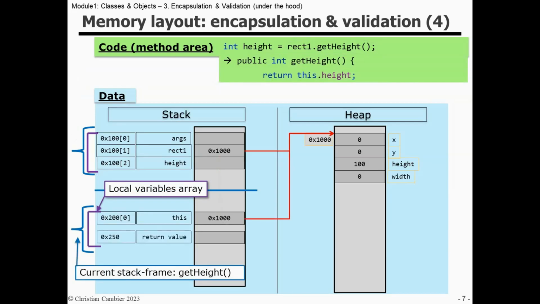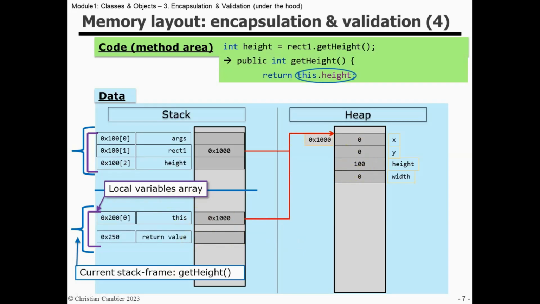So an additional field in the local variables will be reserved for the return value, which will be this.height. So this dot, we follow the arrow, and what field do we want? The height field is this one. So this value of 100 will be returned by the method.